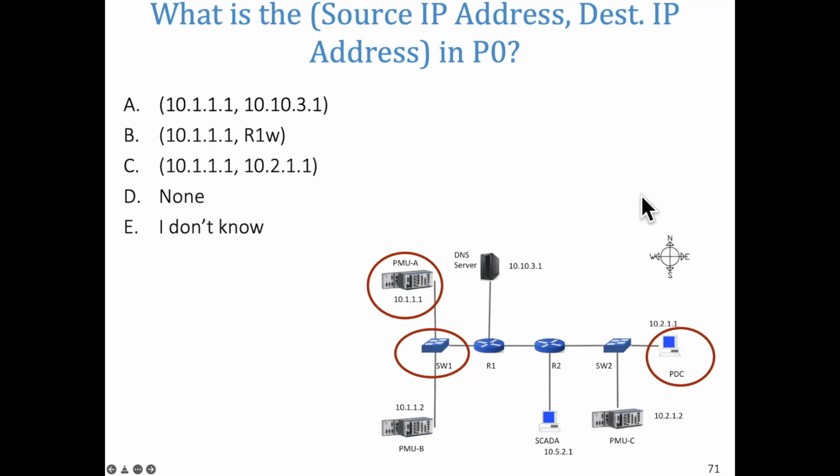For router 1, we have north, west, east, south. So here is R1W. We are looking at a packet that is a DNS request, right? We are still in the case that we are sending a DNS request. We're not sending a packet to PDC.